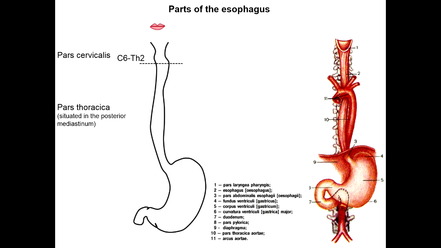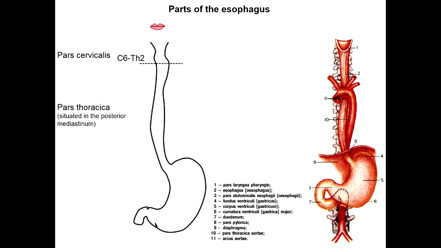and practically we can say that this part we can find only in the lowest part of the neck. The next part is pars thoracica, which is situated in the posterior mediastinum.